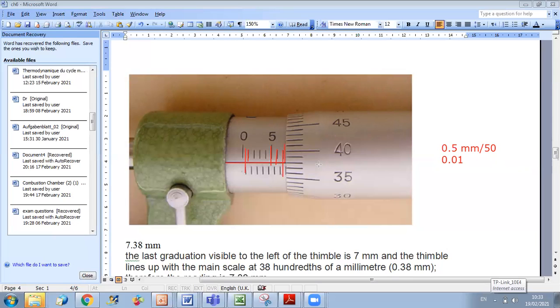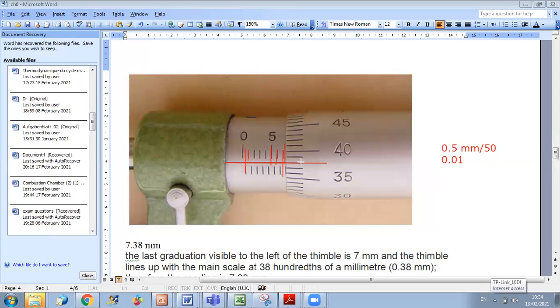What I do now is I look at the perfect match between these two lines. Okay, the perfect match corresponds to 38, because this is 35, 36, 37, 38.